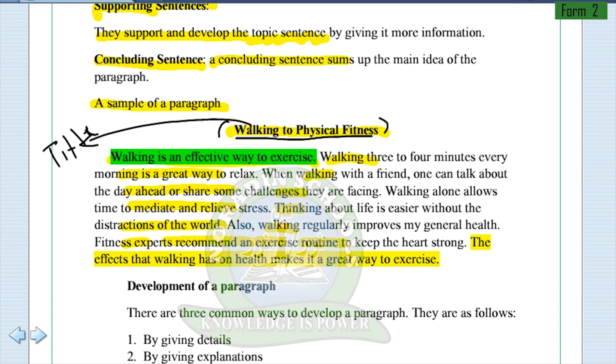Walking 3 to 4 minutes every morning is a great way to relax.